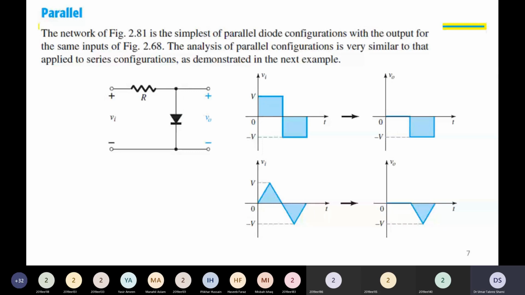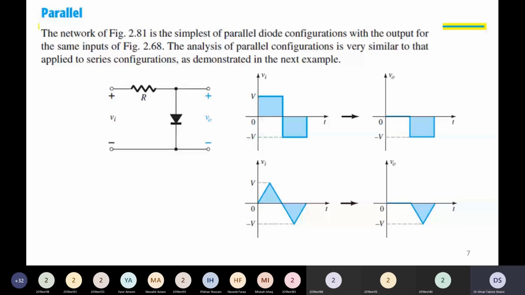In the series clipper, the diode was connected in series with the input voltage. However, in our new parallel circuit, the resistance is now connected in series with the input voltage, whereas the diode is now connected across the output voltage.